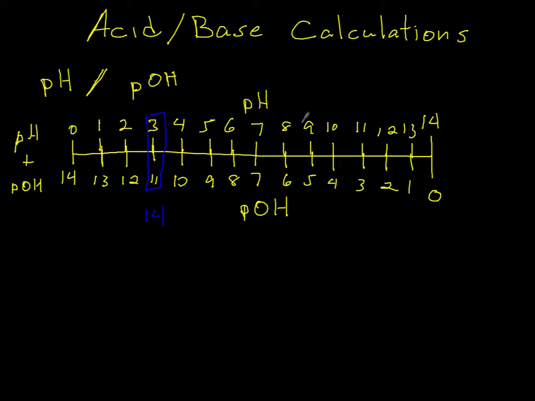If we choose this point right here, the pH plus the pOH is equal to 14. Any point on the pH-pOH scale, if you add them together, pH plus pOH, you get 14. Okay, and that is your first acid-base calculation formula that you'll need to know: pH plus pOH is equal to 14.